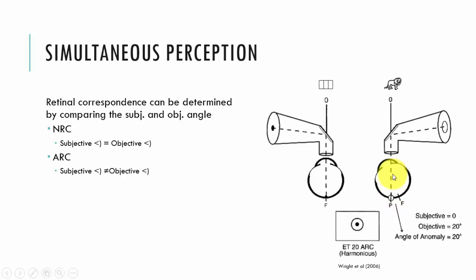So when the line is on 0, even though objectively the orthoptist is finding that there is a 20 prism diopter esotropia, here we have abnormal retinal correspondence. There is a difference between the subjective angle, so the patient thinks that the line is in the cage at 0 diopters, and objectively you think it is at 20 prism diopters.